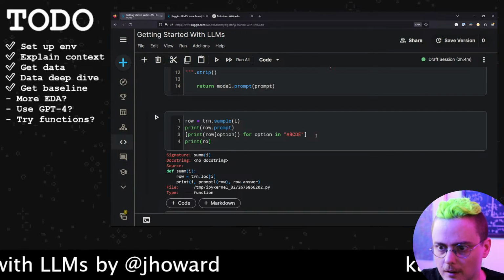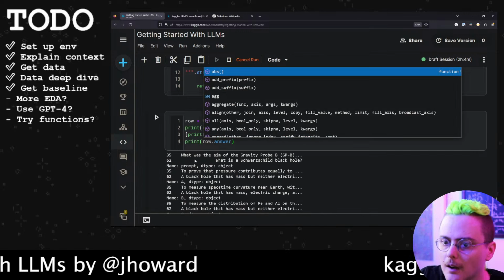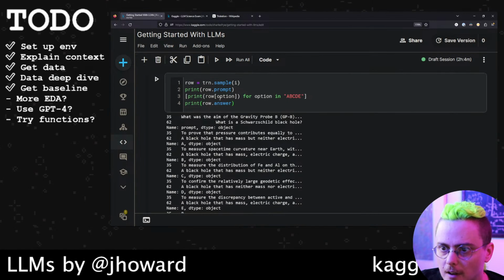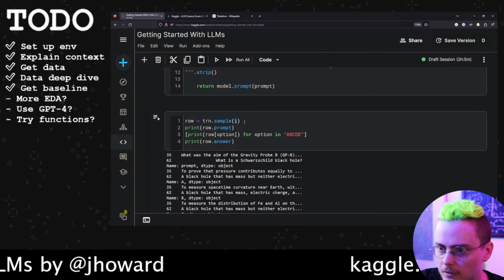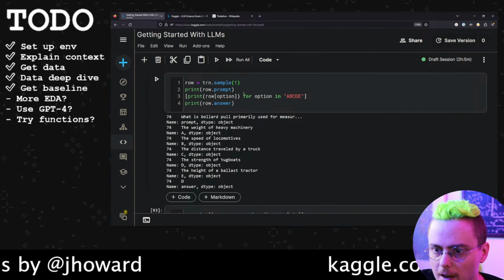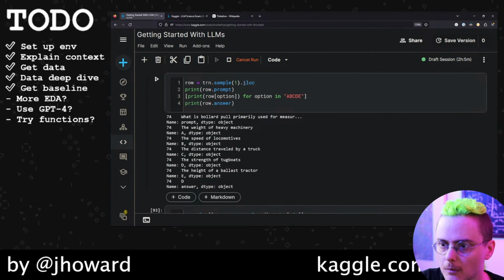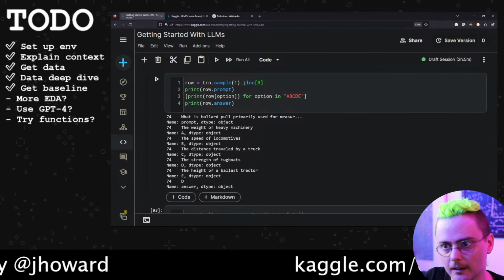And then print row dot answer. Look through this thing. Print row dot prompt. Oops, meant to put sample 1 here. So that's an easy way to get a single result out of pandas sample.